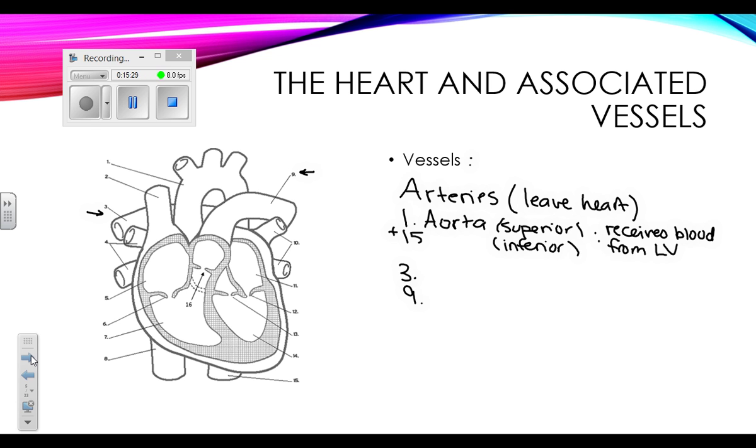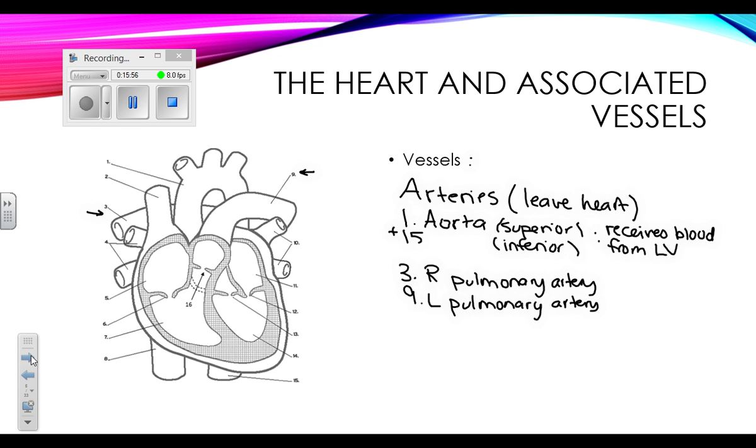It's coming from the right ventricle. Number 9 goes off to the right on the picture, so the left. Number 3 goes off to the left in the picture, so the right. So 3 would be your right pulmonary artery, and 9 would be your left pulmonary artery.